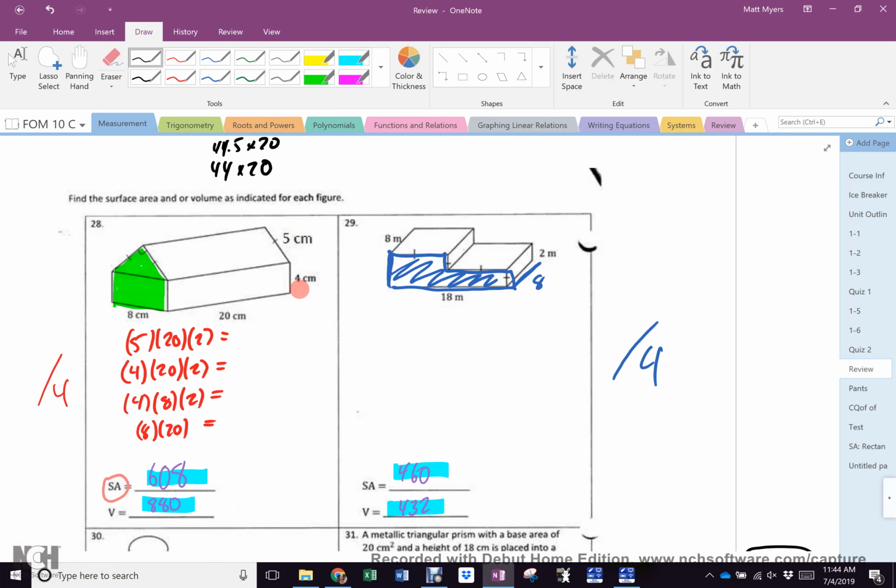Navreet. Which one? 28? Surface area? 29? Surface area or volume? Or both? Both? All right. For surface area, I would pretend that was one prism.